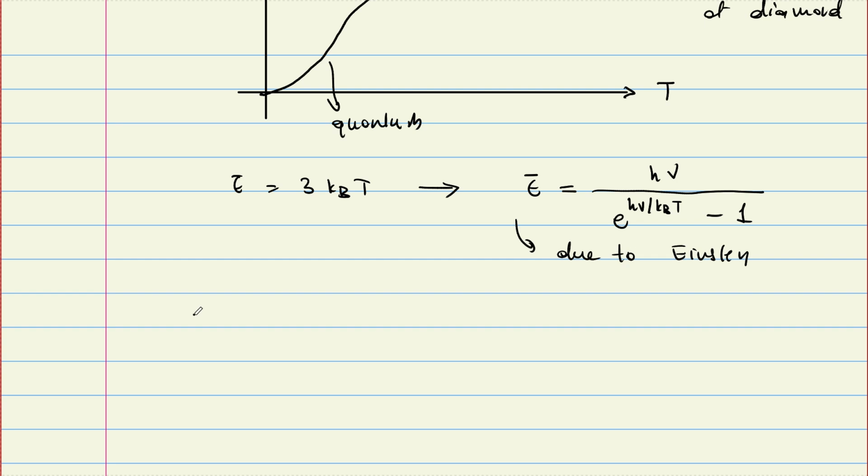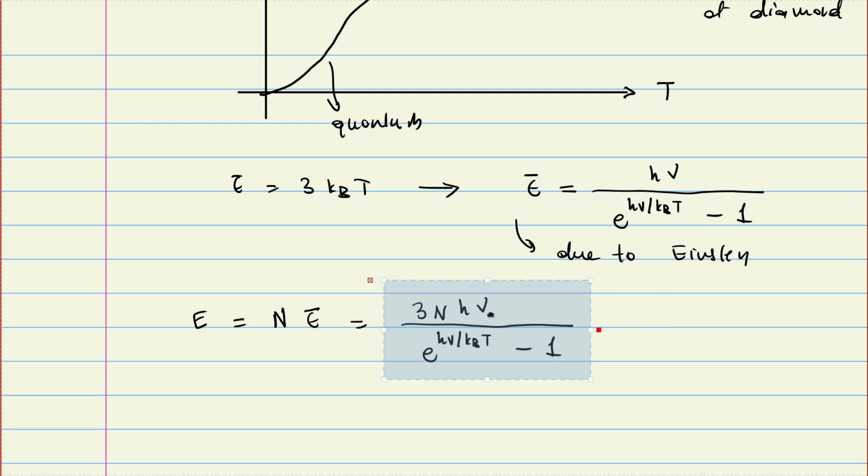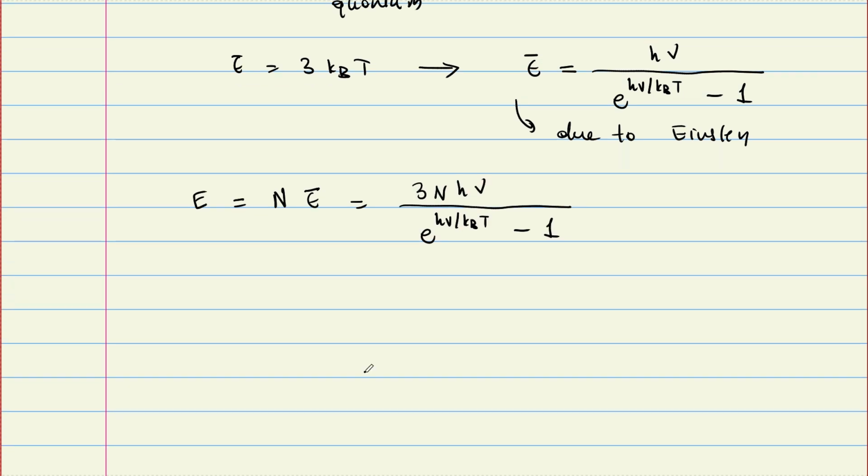So the energy now is N times E bar, and it's going to be 3N h nu over (e to the h nu over kBT minus 1). And CV is equal to del E del T. I think this derivative you can take. Okay, this is 3N.